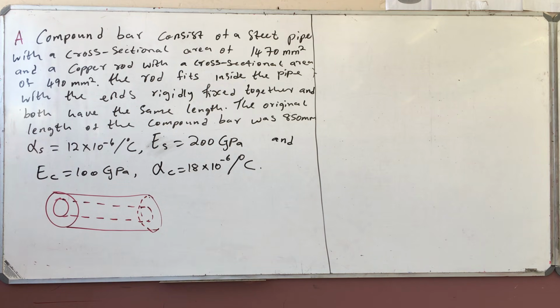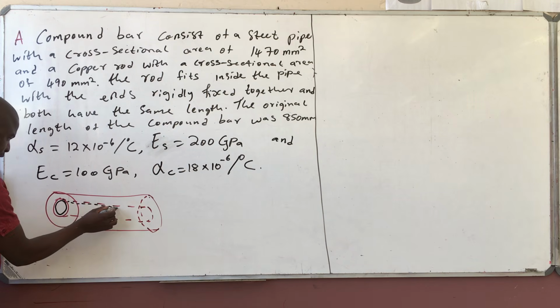And a copper rod with a cross-sectional area of, the rod fits inside the pipe. The rod is inside the pipe.